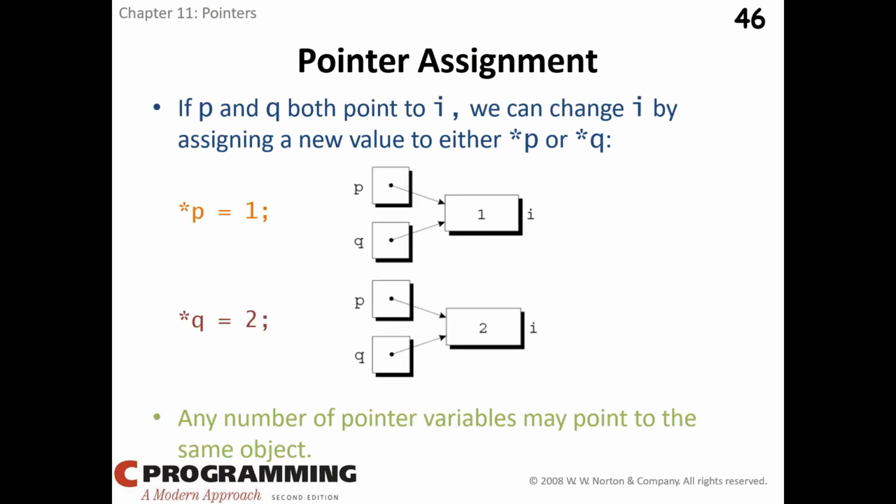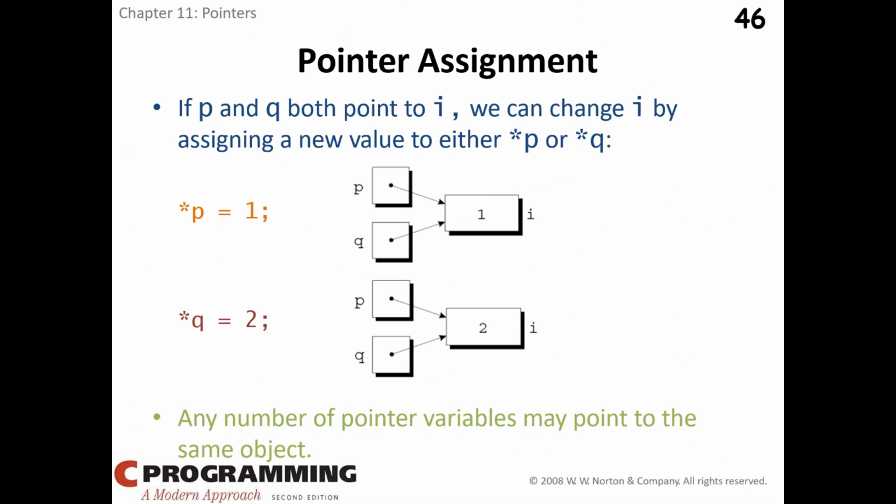And now let's consider a scenario where both pointer variables p and q point to the same object i. In such a case, we can modify the value of i by assigning a new value to either pointer p or pointer q.